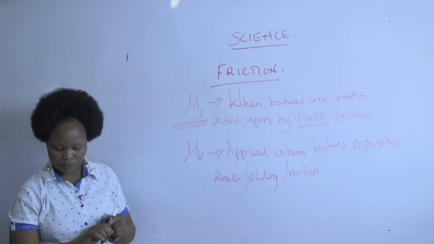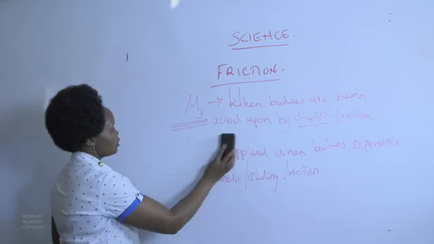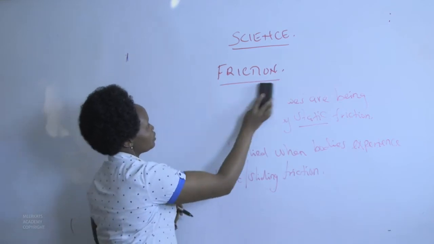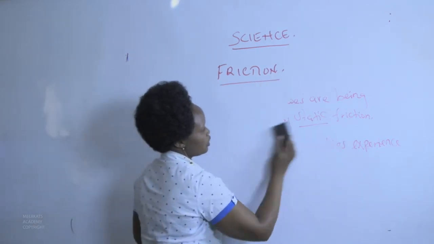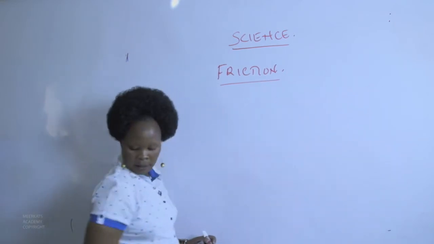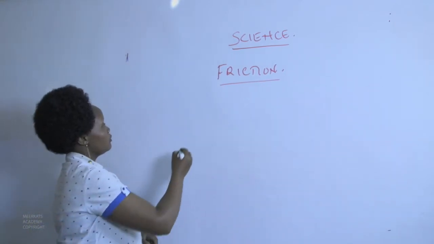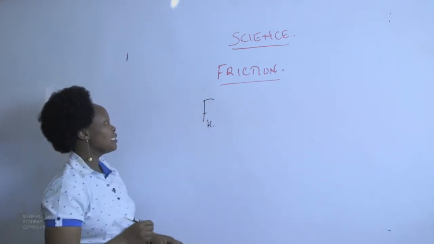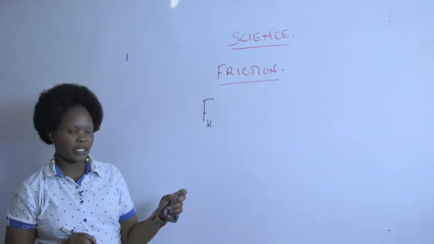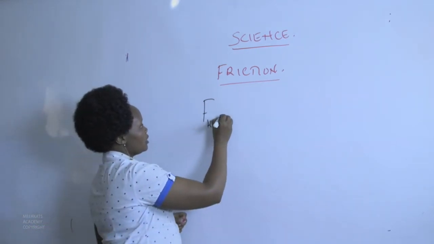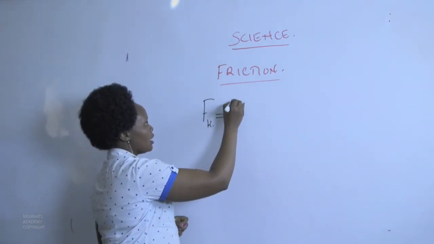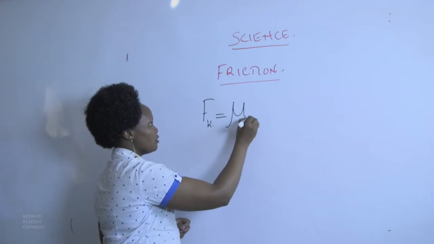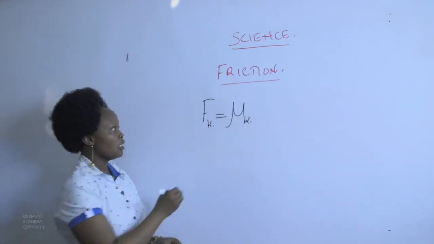Therefore, when you want to calculate kinetic friction, you give it a subscript k, then you apply the coefficient of kinetic friction.